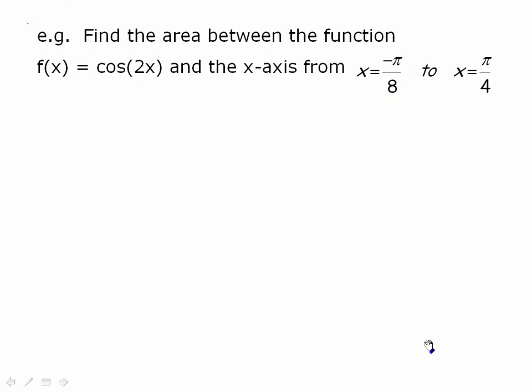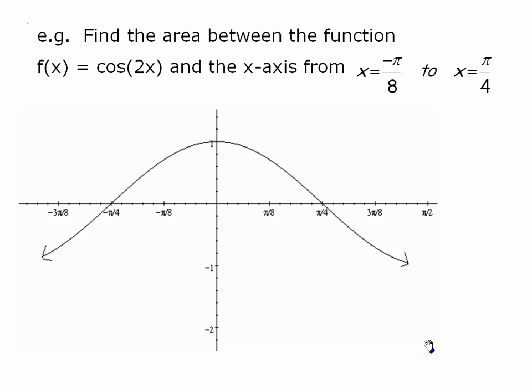Now this next question is the same sort of thing, except as we've been dealing with, but a trig function. So the area between the function cos 2x and the x-axis given these two endpoints. So negative pi over 8, so we're not going all the way to the very end, we're just going to right there. So we're not doing x-intercept to x-intercept. Now we do this exactly the same way we've done everything.